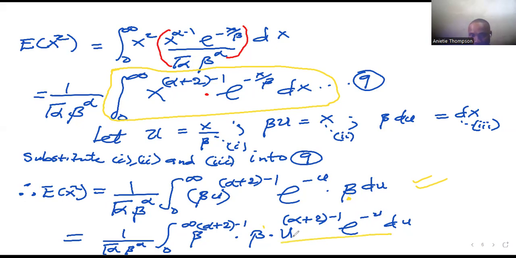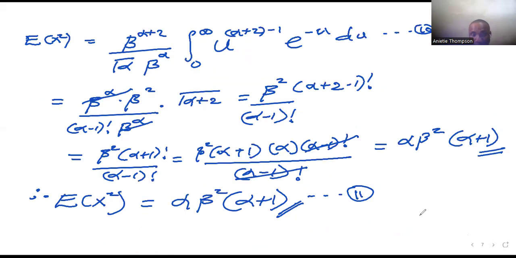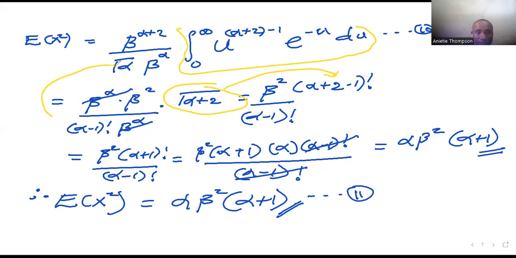So the whole of this place combined with the integral from 0 to infinity becomes a gamma function, which is equal to gamma of alpha plus 2. Look at it here. I'm talking about here now. So this becomes this, just like before. We can write it in another form. And gamma of alpha here becomes this. And then we take the factorial product of here and we have here.